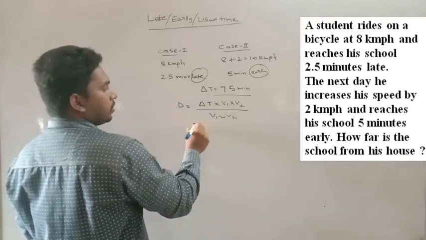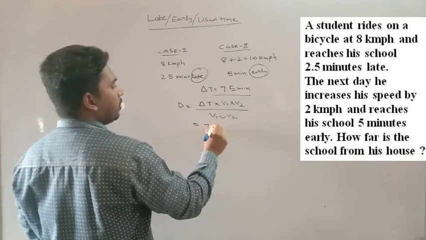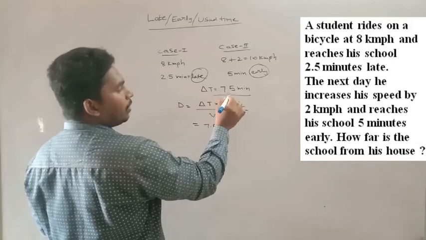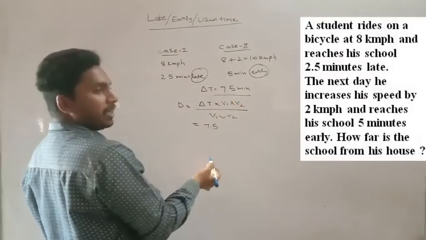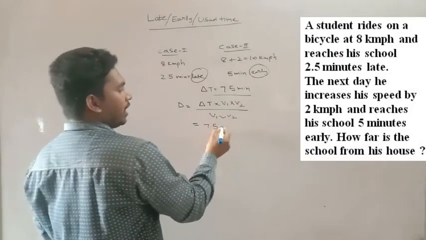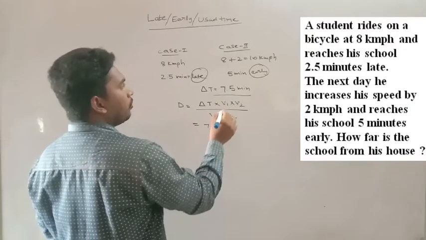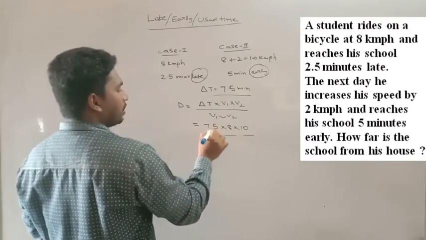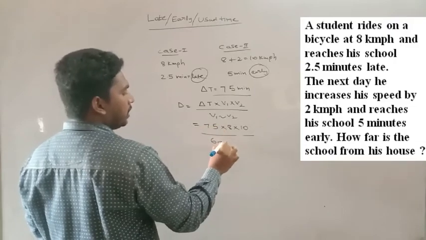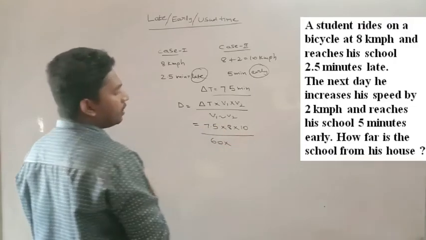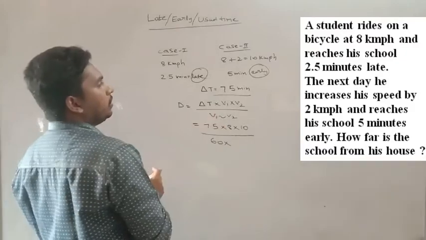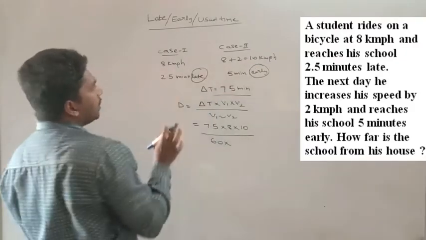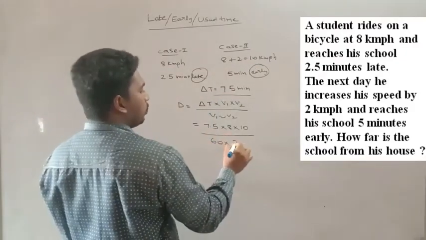Okay, so now delta t is how much? 7.5 minutes, and you have to convert this into hours, divided by 60. That will go in the denominator, into what is v1? One is 8, one is 10, and 7.5 divided by 60, right? This. And what is v1 minus v2? The difference, one is 10, one is 8. 10 minus 8, that is 2, right?